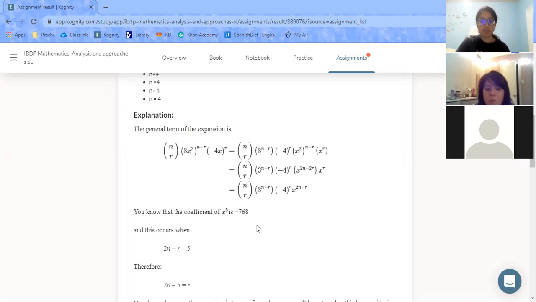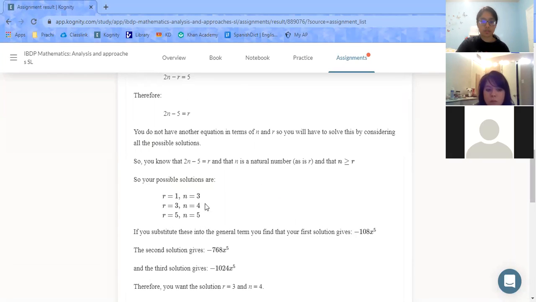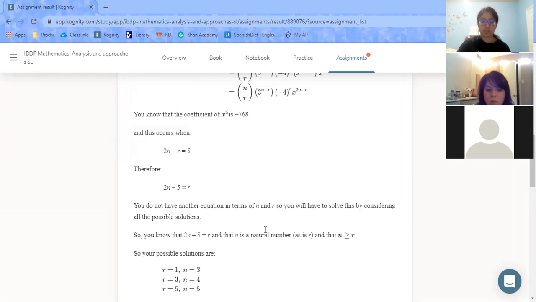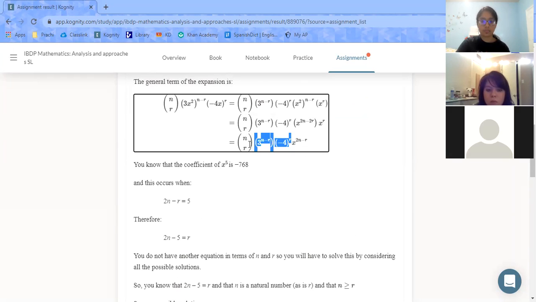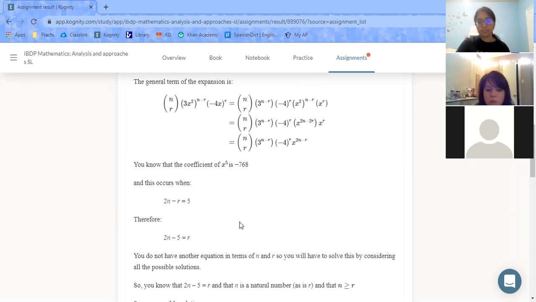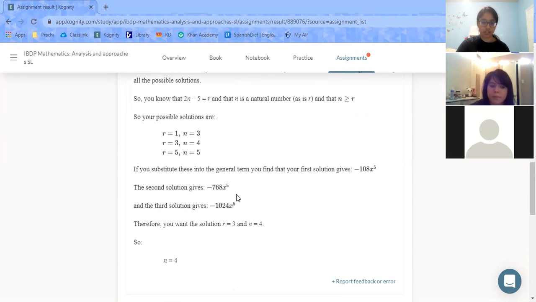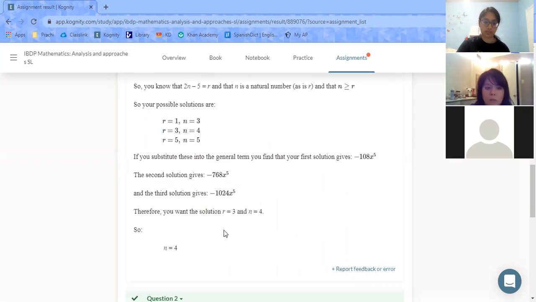So you substitute in these possible solutions until you get negative 768 from this. And then if you guess and check, you would get the second solution, which is r equals 3 and n equals 4, the middle one right here. So then it was asking for n, right? So the answer would be 4.